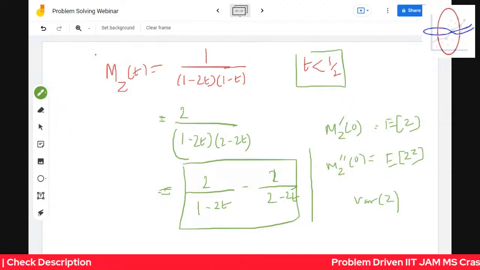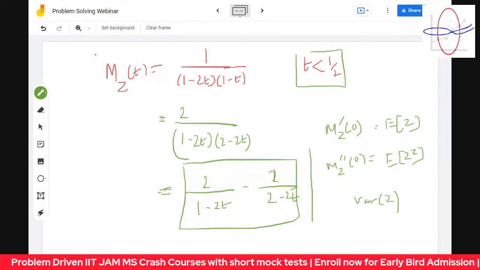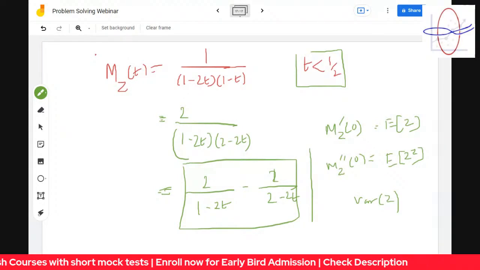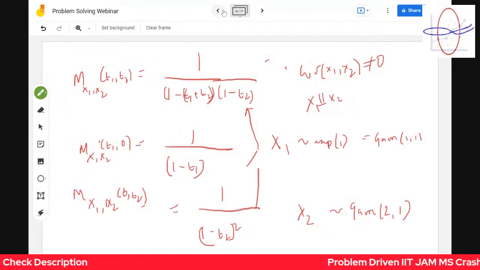It's coming out to be negative. Sneha, can you just once again check? Okay. But I have not done any mistake over here in calculation.